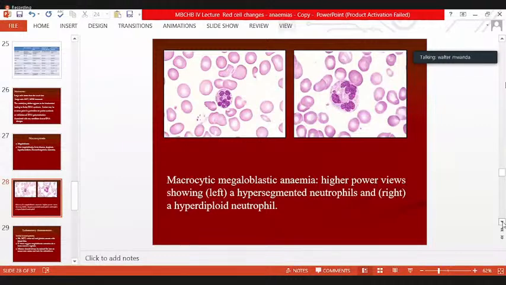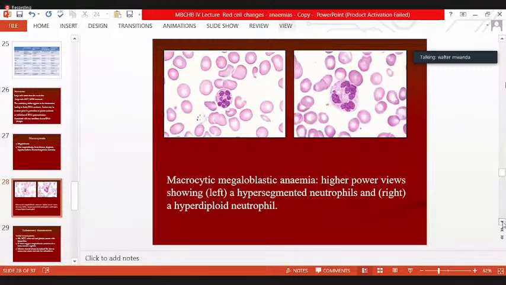When we are dealing with such conditions as myelodysplastic syndromes, you see the whole of the red cell, the white cell, and the platelets. They are all abnormal in one form or the other. So it is important for us to appreciate the abnormalities that may be associated with macrocytosis.